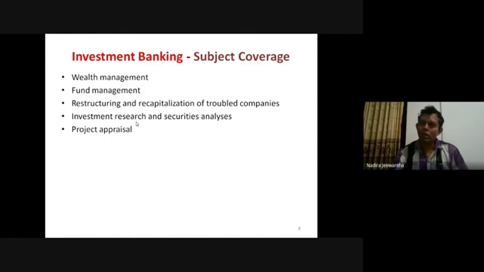So then project cash flows are there, project expenses are there, cash inflows and outflows. We take only the cash flows, not the non-cash items like depreciation and provisions.